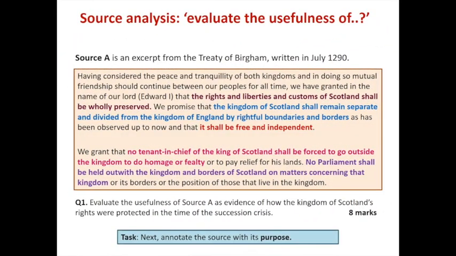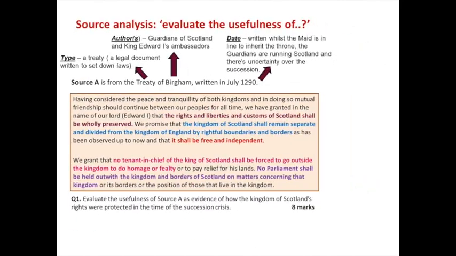So what we do now, we need to annotate the source for the purpose. Now, as someone who's taught how useful questions or evaluate usefulness questions for a number of years, purpose is usually the thing that trips up candidates when they're trying to answer these questions. If you note as well, we get 4 marks for provenance, as you can see, the things along the top: type, author, date, purpose.